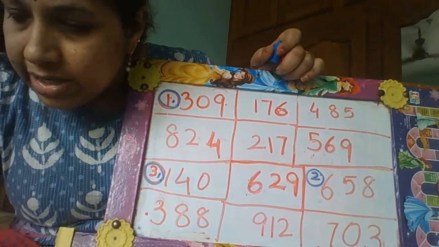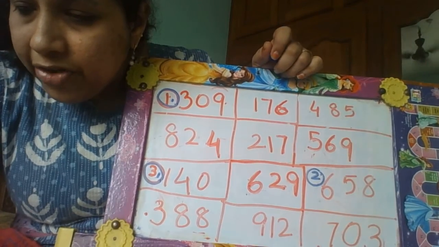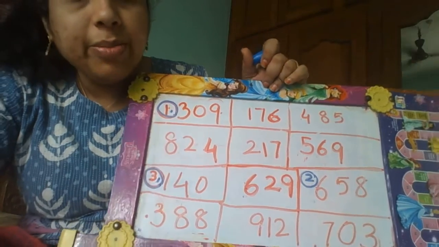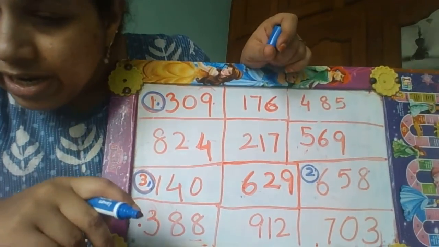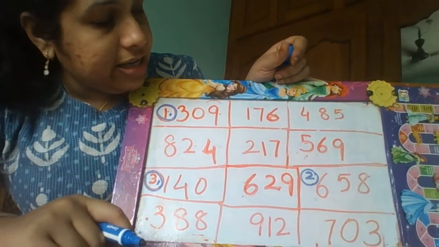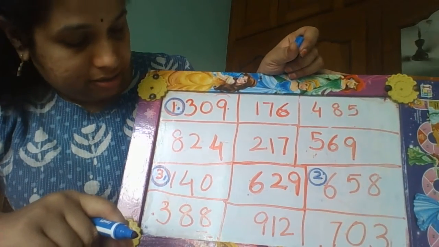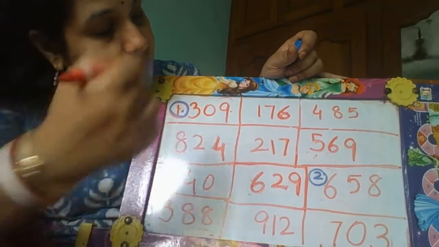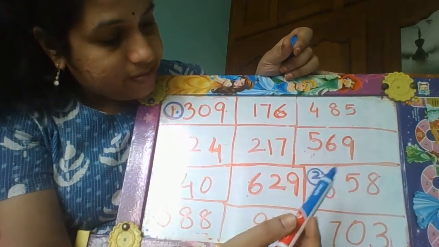Number 3 is a number between 550 and 630. A number between 550 and 630. Now we have to look for more than 550.